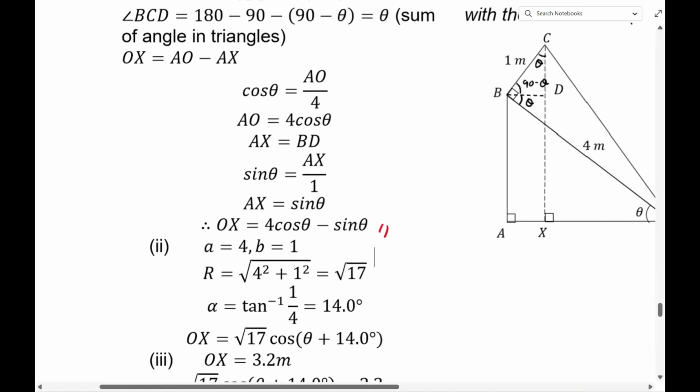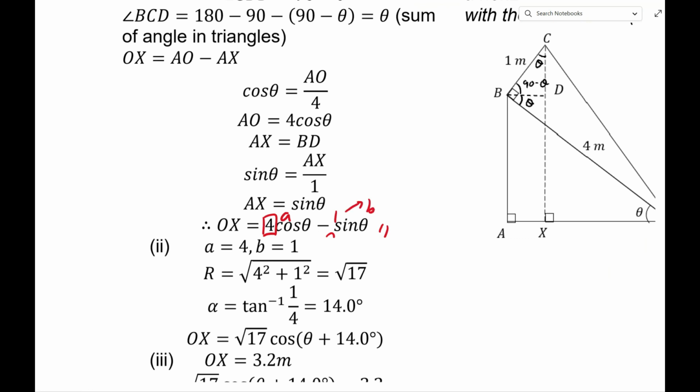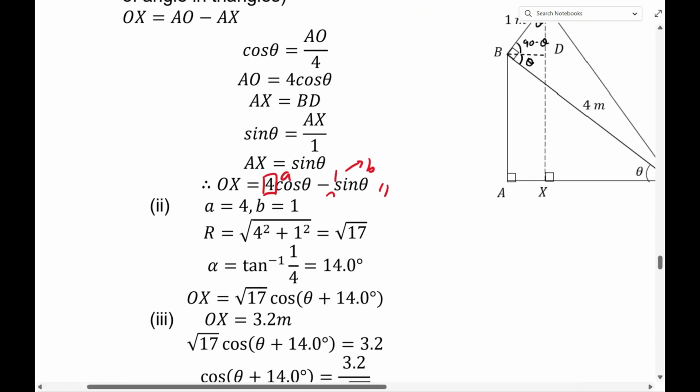Now following the steps, we can identify 4 as our A and an invisible 1 as our B. And then plugging into our R value formula, we'll get square root 17. Since we always need our R value to be in exact form, we'll leave it in the square root form. And to find our basic angle, tangent inverse of B over A, we'll get 14 degrees, rounded to 1 decimal place. Then plugging in, we'll get this expression for OX.